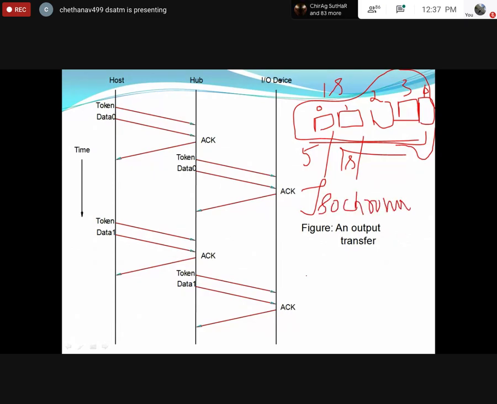Isochronous means what? This is one frame. I'll consider this the start of the frame, SOF. Within this start of the frame, how many packets are there? Packet number 0, 1, 2, 3, 4. Totally 5 packets. This is the end of the frame.